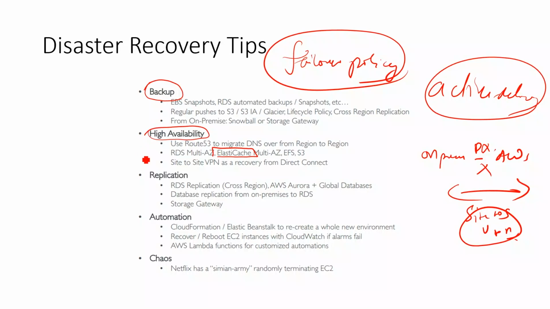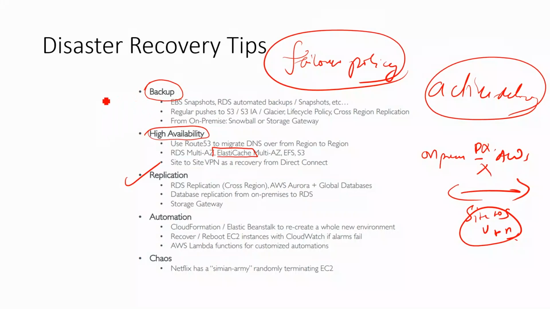Now talking about replication, right? RDS replication, which is cross-region replication. If you use Aurora Global, then the database becomes available as a global service, right? And you can use RDS replication to replicate your database.